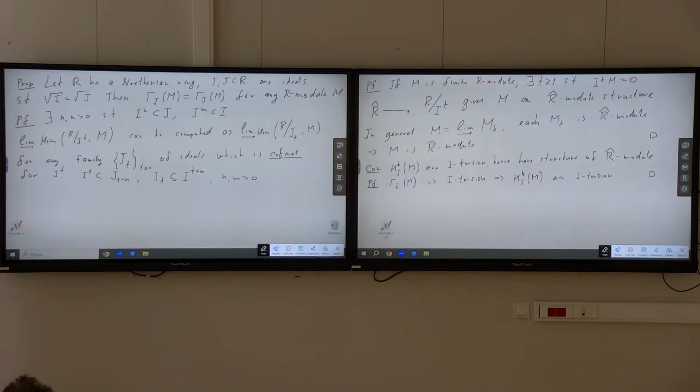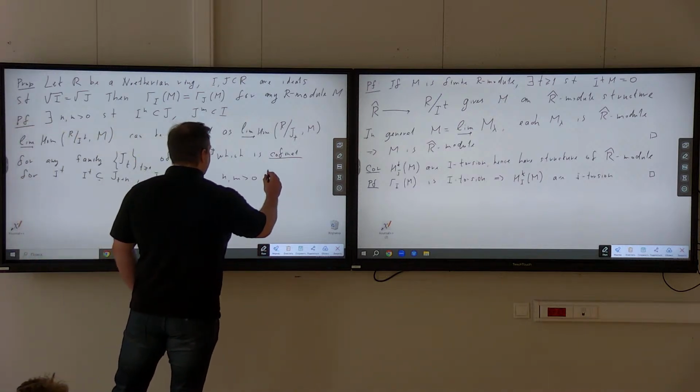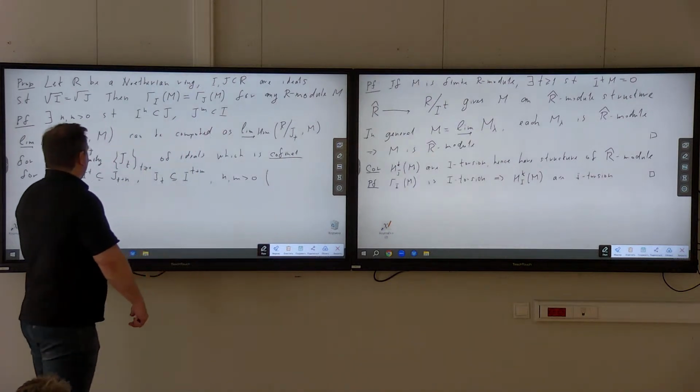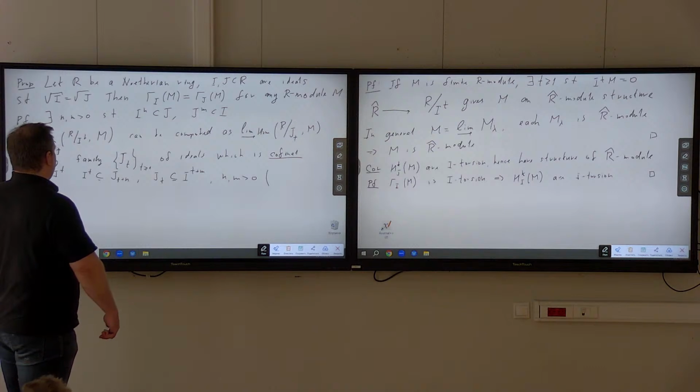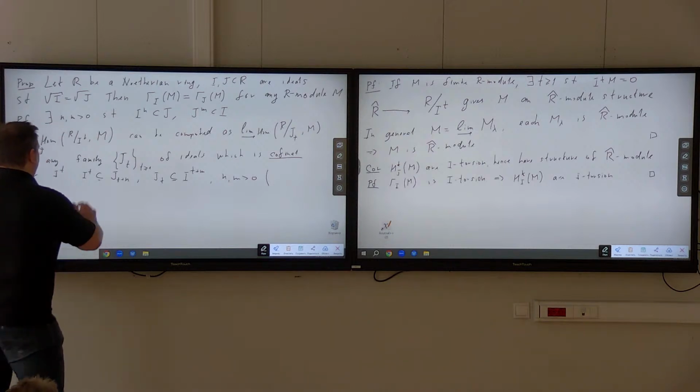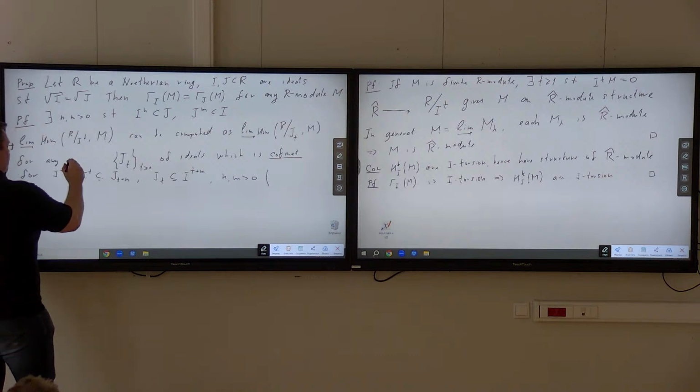But this also should be a directed system, Hom from R or quotient J_t to the M. So I probably want to replace family with any directed system.